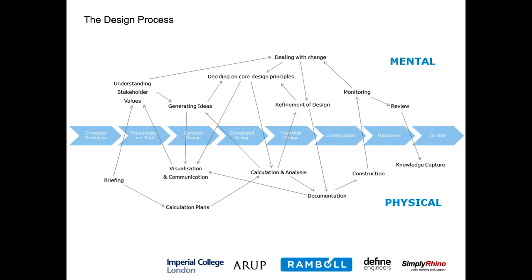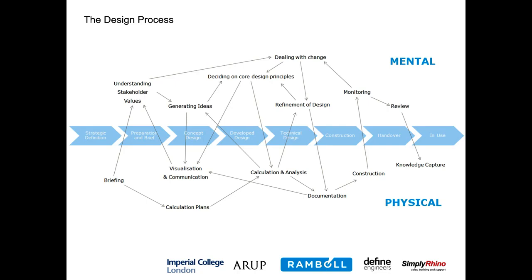So you may not have come across those already, but you probably will when you enter practice. Those are the official stages that a project goes through in the UK and in a lot of other places, which starts off with different phases where you start off defining your strategy and then you go into concept design and then developed design and so on and so forth as you get closer towards developing stuff. So that's the framework that a lot of us operate to.